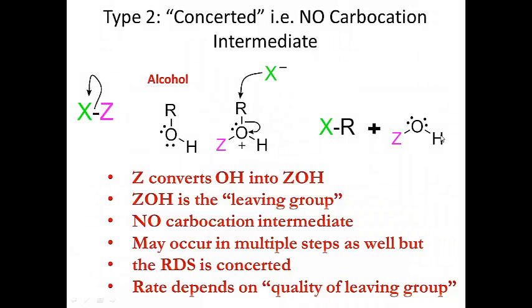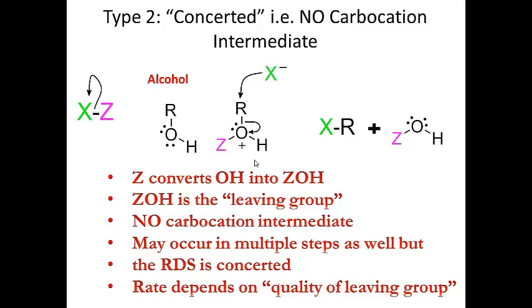Second type of mechanism, what I'm putting in quotes as concerted, because the reactions that go through this type of mechanism do have multiple steps, so they're not really concerted in that they're not only one step, but there's no carbocation intermediate. So the rate determining step is what's concerted, that step where you lose your leaving group, and in this particular case you substitute the leaving group with something else.